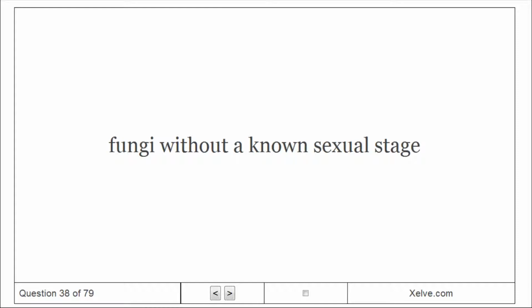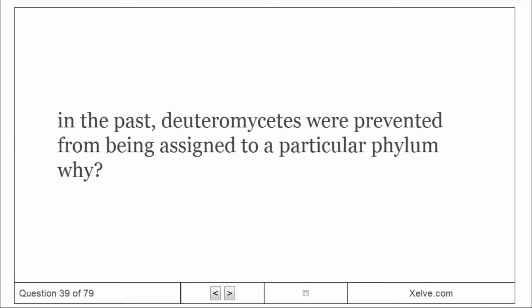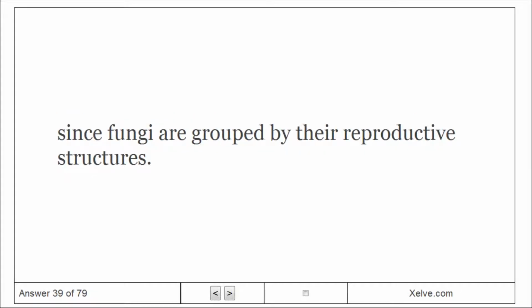Fungi without a known sexual stage: deuteromycetes. In the past, deuteromycetes were prevented from being assigned to a particular phylum. Why? Since fungi are grouped by their reproductive structures.